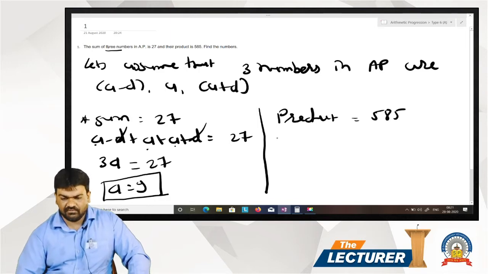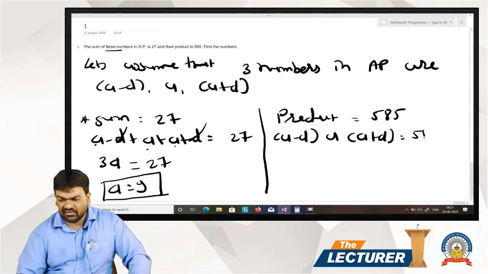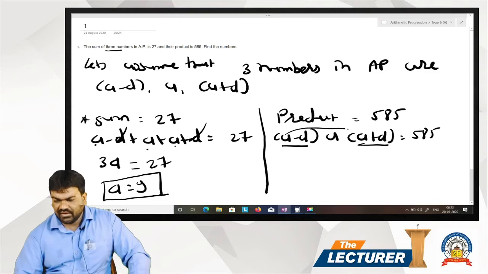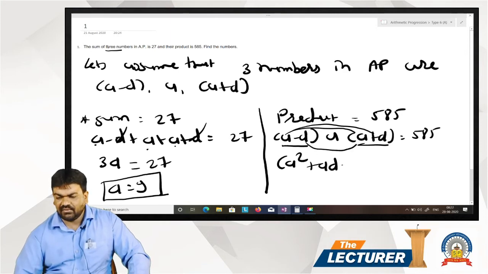Product of these three, that is A minus D multiplied by A plus D is equal to 585. First of all, these two brackets are multiplying, so A multiplied by A, that is A square, A multiplied by D, that is AD, minus D multiplied by A, that is minus AD, minus D multiplied by D, that is minus D square.